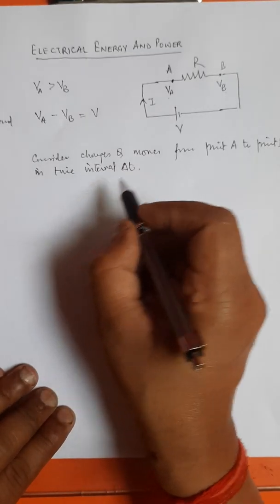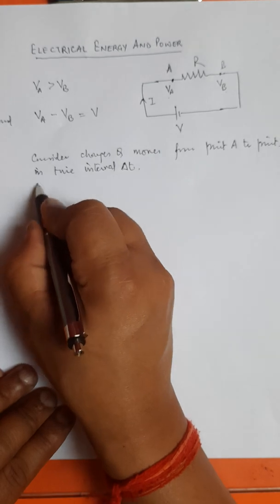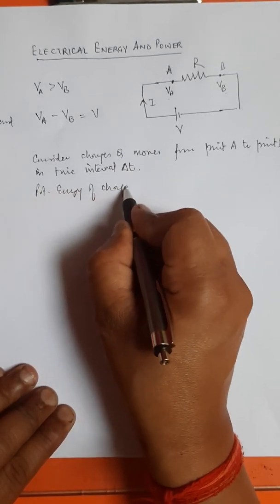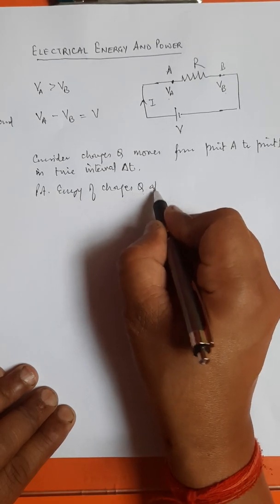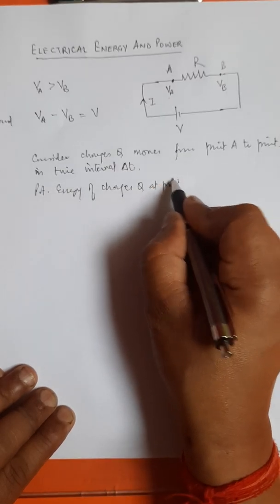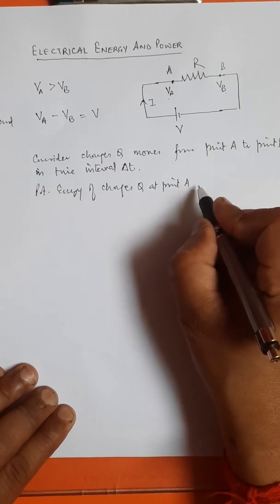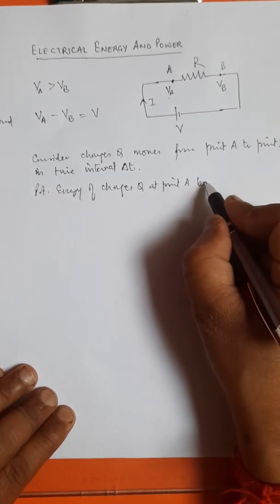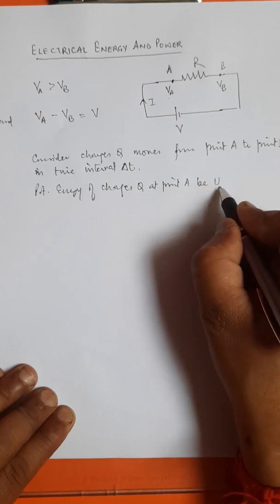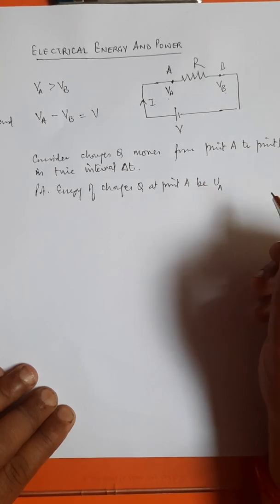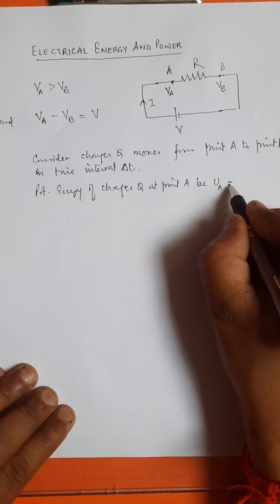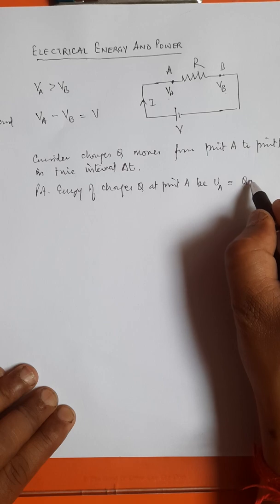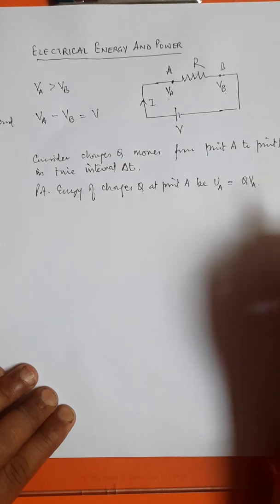Let the potential energy of charge Q at point A be UA, and this will be equal to Q into VA.